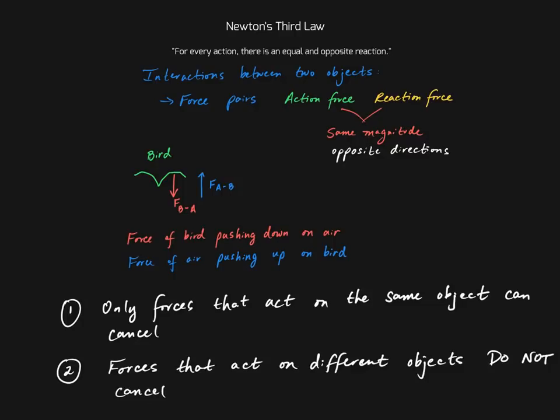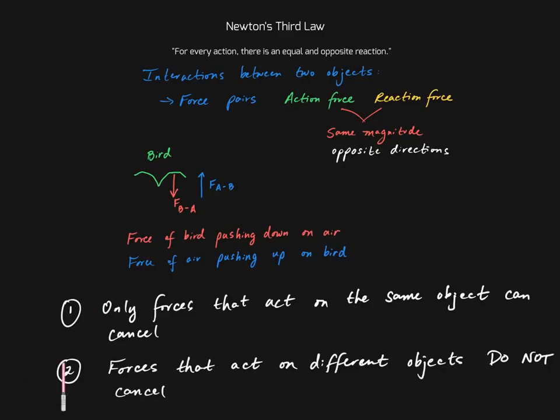So in summary, Newton's third law: forces occur because of interactions between two objects, and as a result, we have force pairs, where we have an action force and a reaction force. Those forces have the same magnitude, the same value, but they are in opposite directions. Keep in mind these two rules.